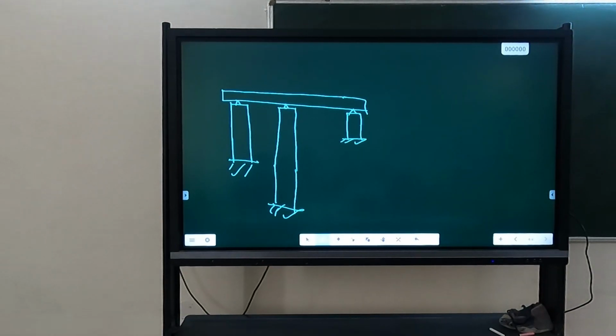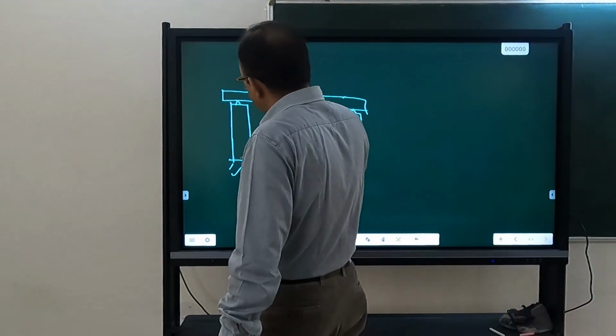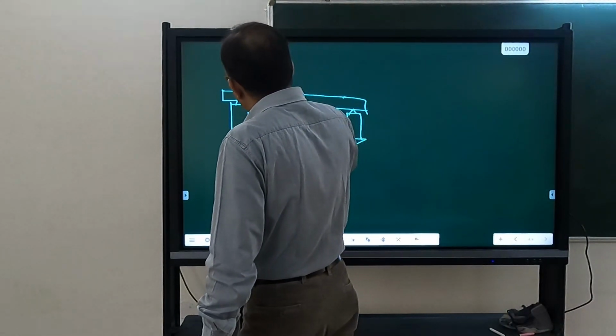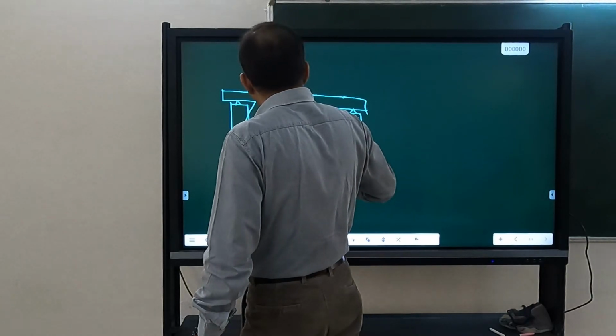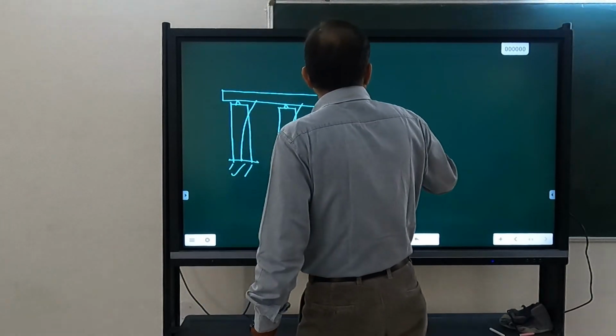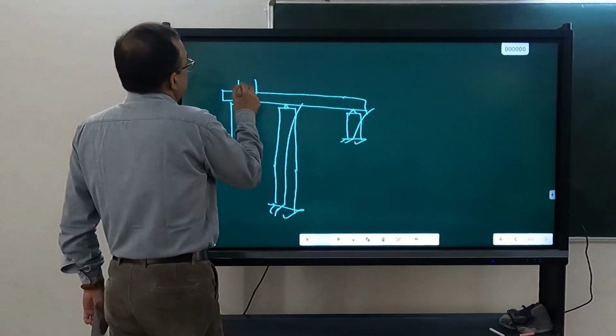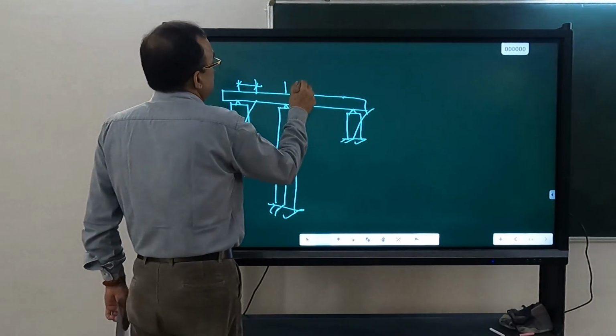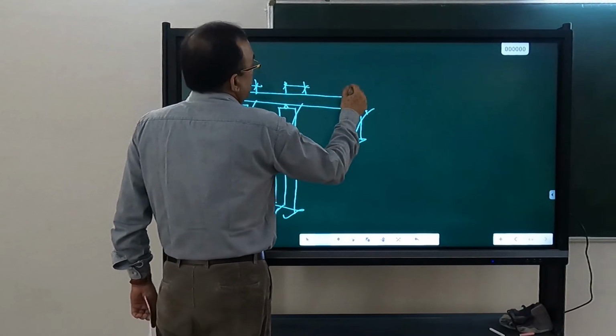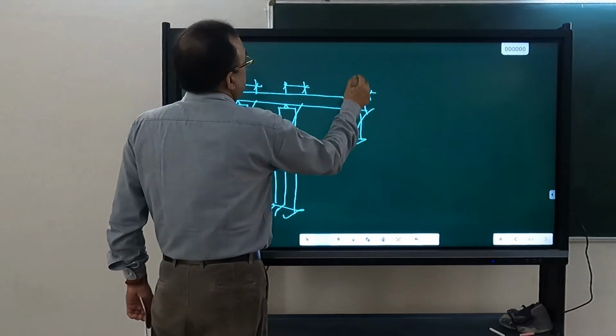Plastic hinge will also not form at the top of the pier, because the deformed shape is going to be like this. This displacement will be the same.